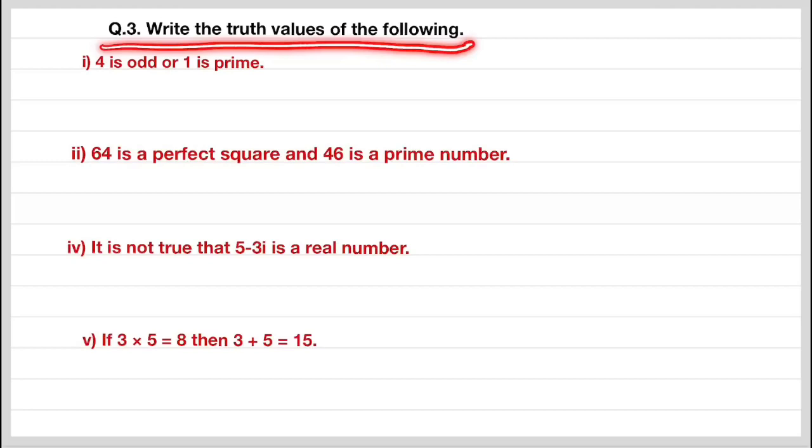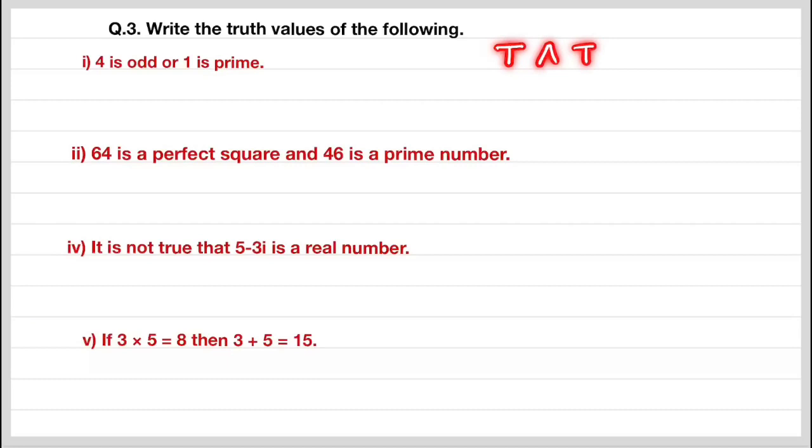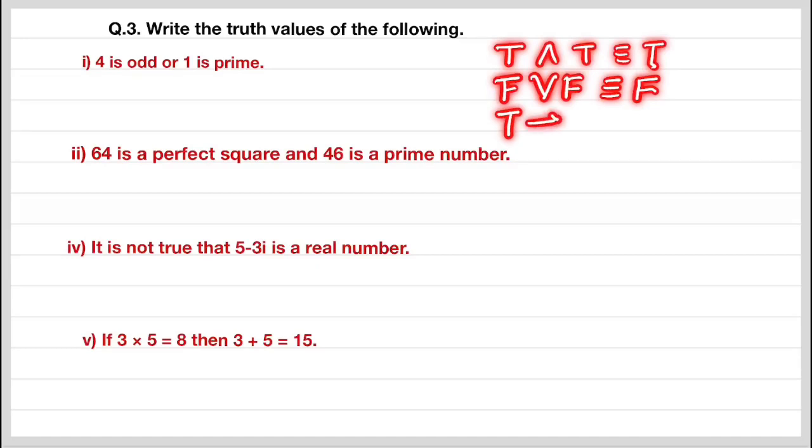Write truth values of the following statements. For this I will remind you, for conjunction T and T is equivalent to T, and for all other values it is false. But for disjunction, false or false is equivalent to false and all other values are true.